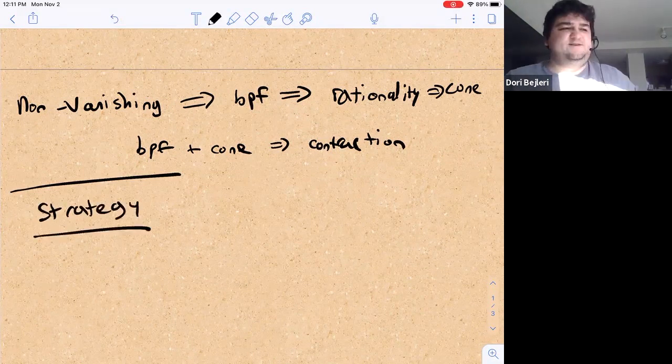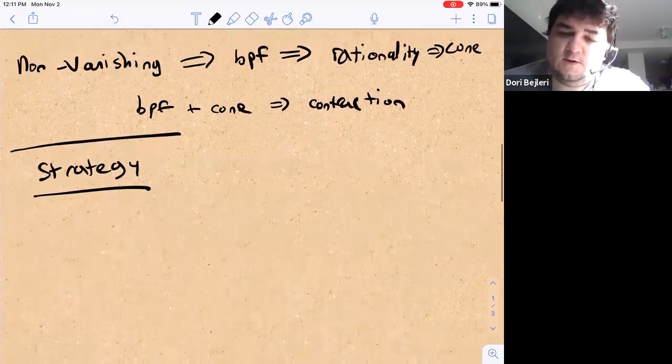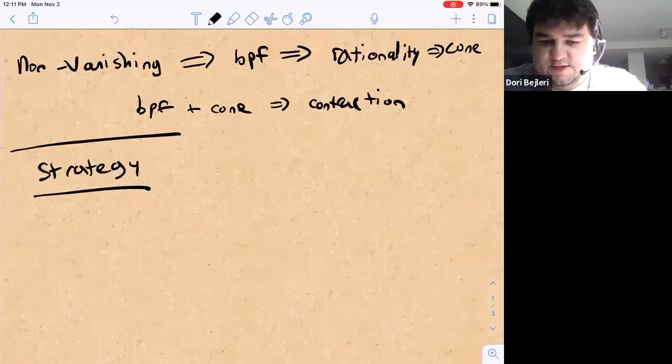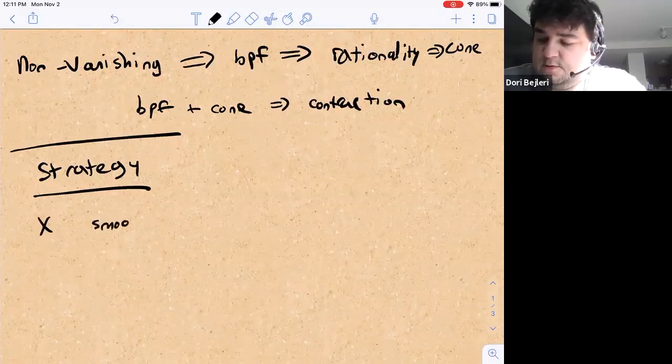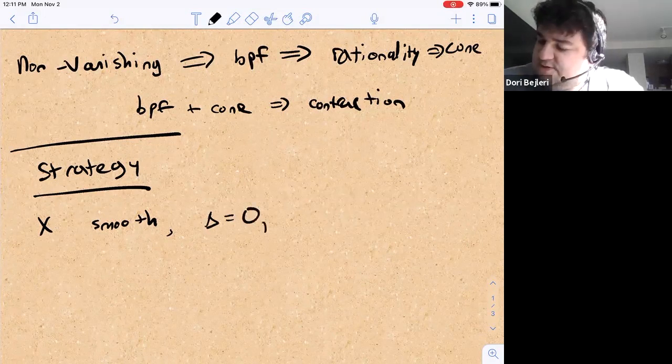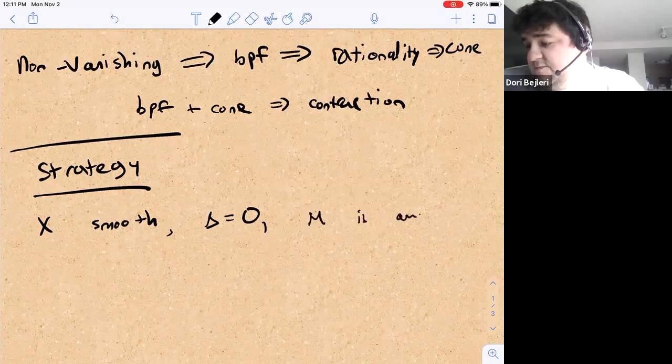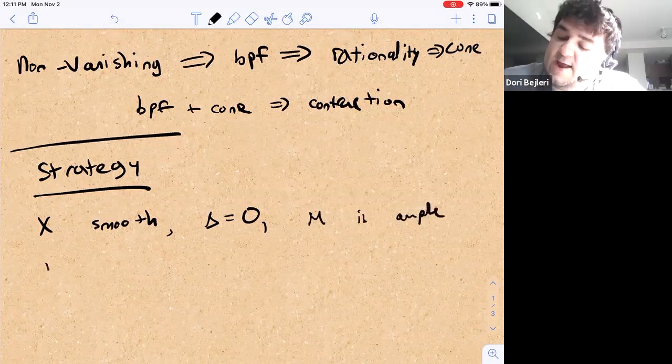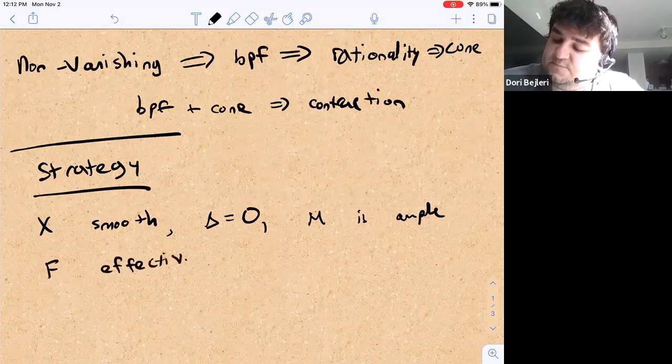Here's the ideal situation. Let's say, just for simplicity, that X is smooth. And let's say we don't have a boundary right now, just for the general strategy, to make the notation a little better. Suppose that M is some ample divisor, and F is some effective divisor, say integral.